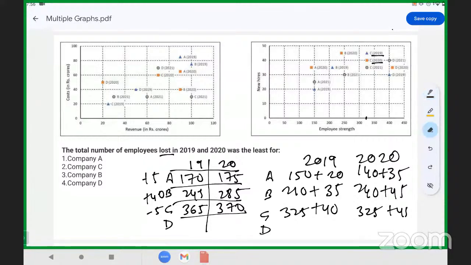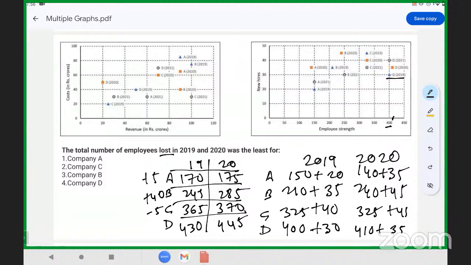And now for the final, we'll focus on D. In 2019, it was 400 plus 30, which will become 430. And for 2020, it was 410 plus how many new employees? 35. So this will become around 445. Yes.